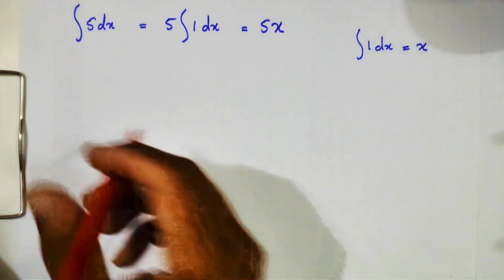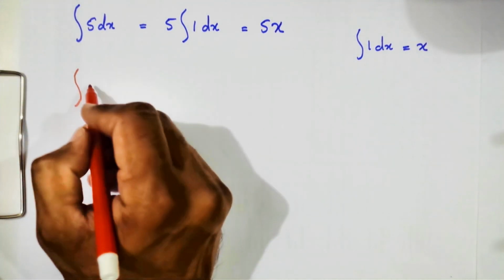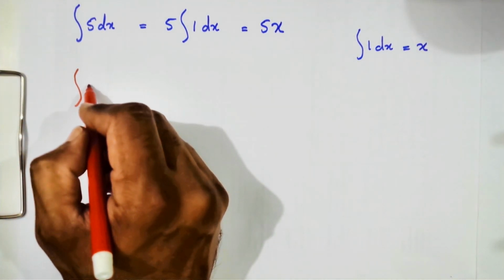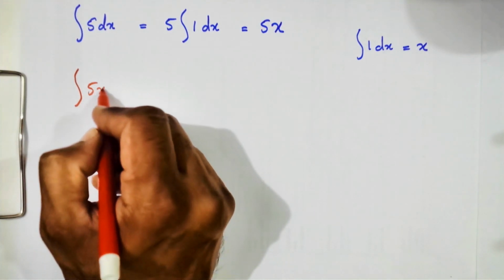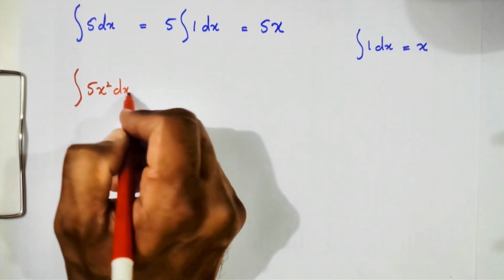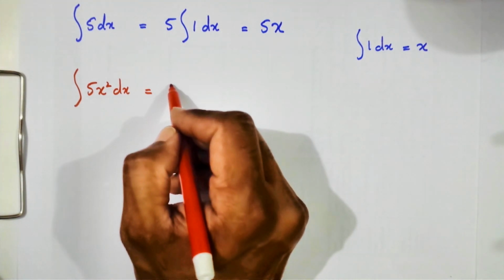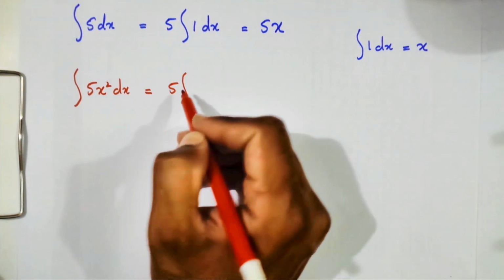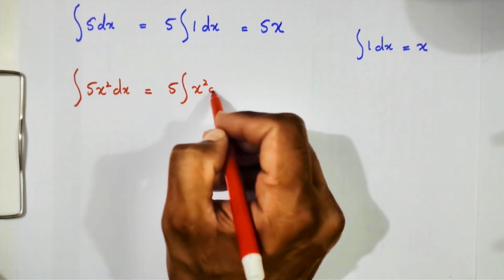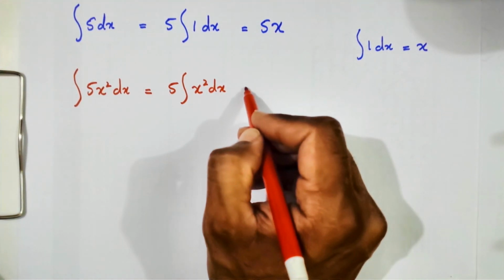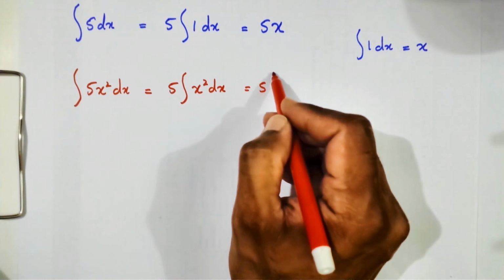Now I am going to take another example. Suppose I am going to find the integration of 5x square. Same as the previous example, we can take out 5 from the integral sign. Here the remaining value is x square. Now we are going to find the integration of x square.